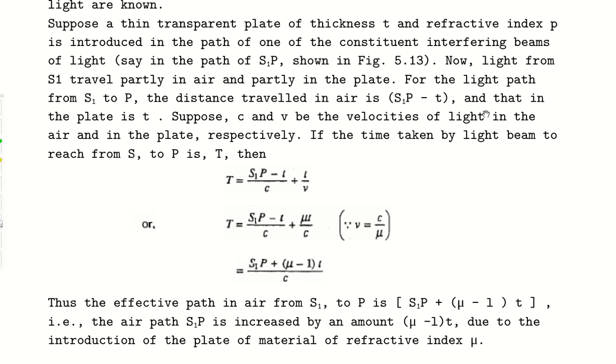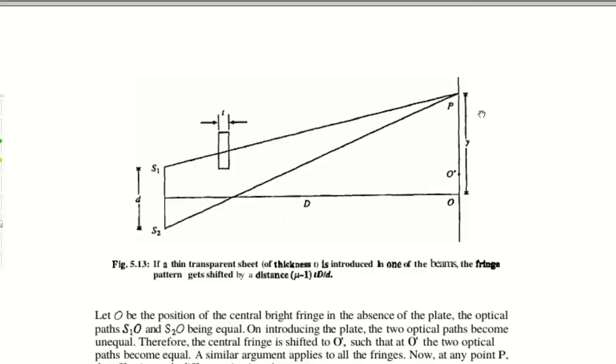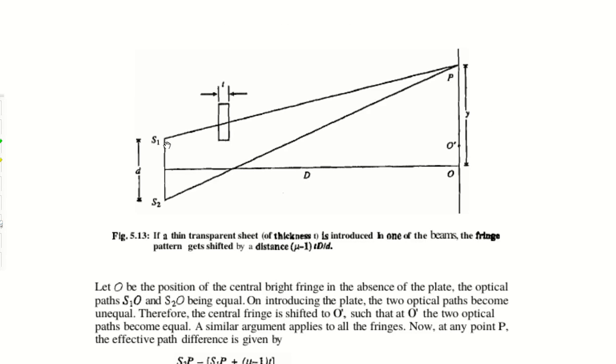Let us consider a case when light is coming from S1 and reaches the point P. How much time will it take? If the glass plate is not there, then the straight-line distance S1P divided by the velocity of light c will give you the time.